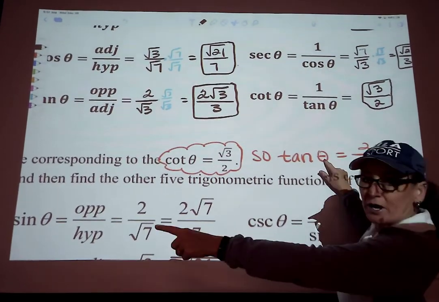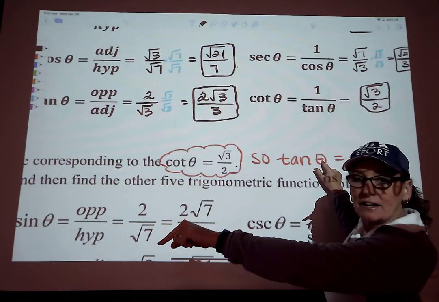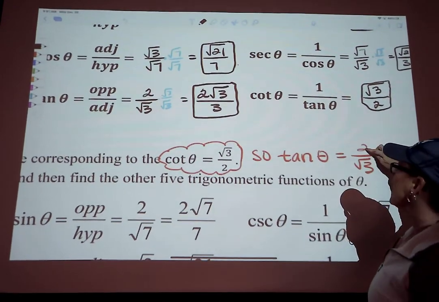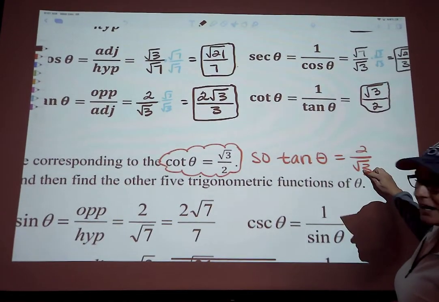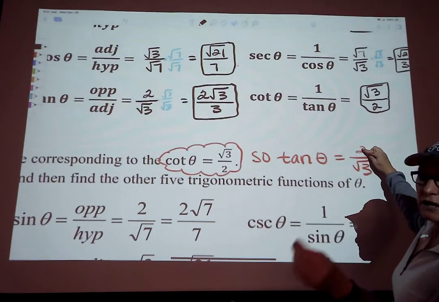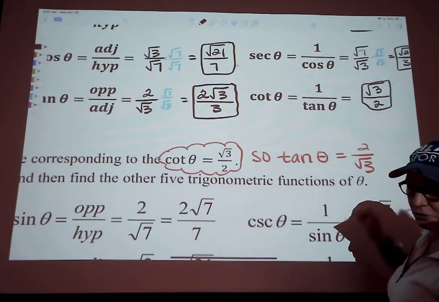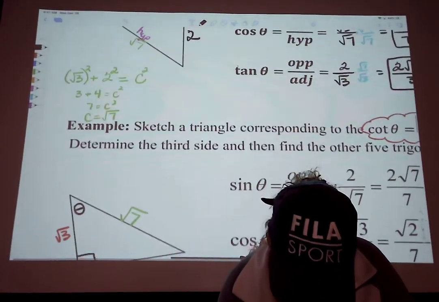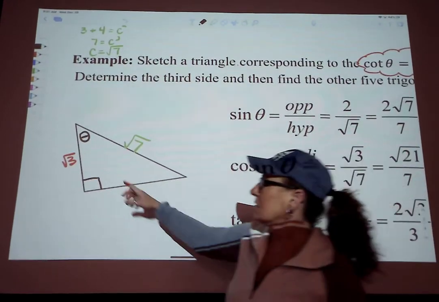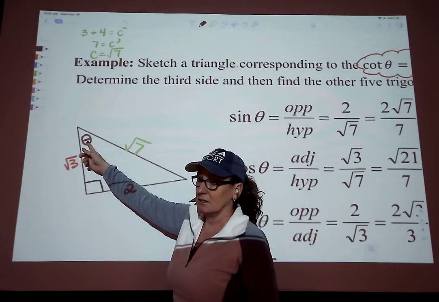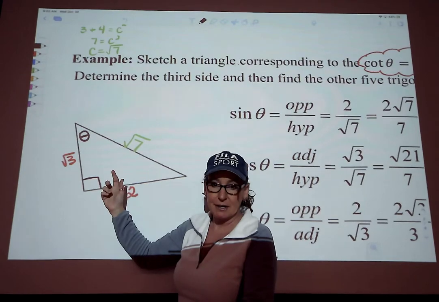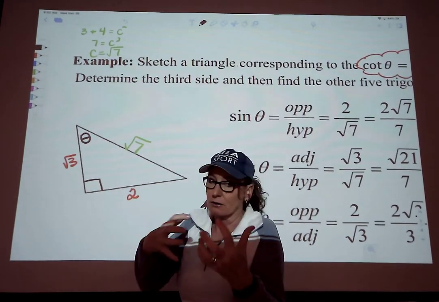So here's what I would do. I would go to my triangle. I'm going to look at where theta is. I'm going to identify the opposite side and the adjacent side, and I'm going to write 2 on the opposite side, and I'm going to write radical 3 on the adjacent side. So if this is where theta is, and it really doesn't matter where you put it, if you're the one setting up your triangle, it doesn't matter where you put it.